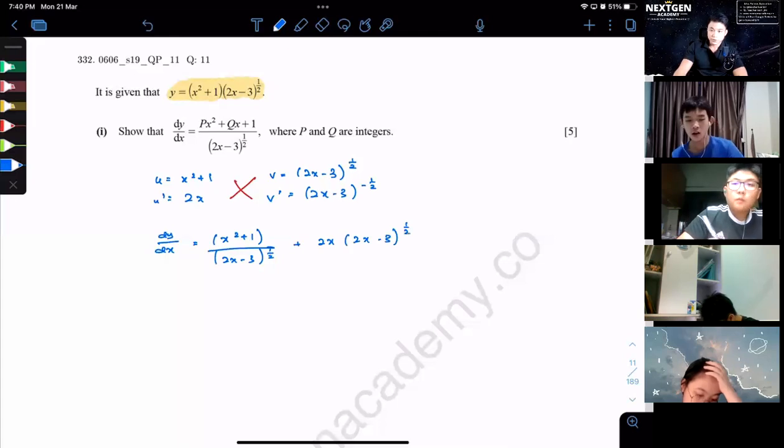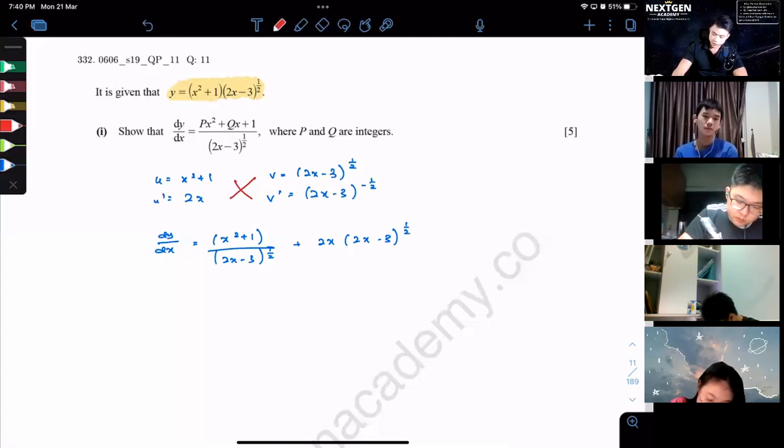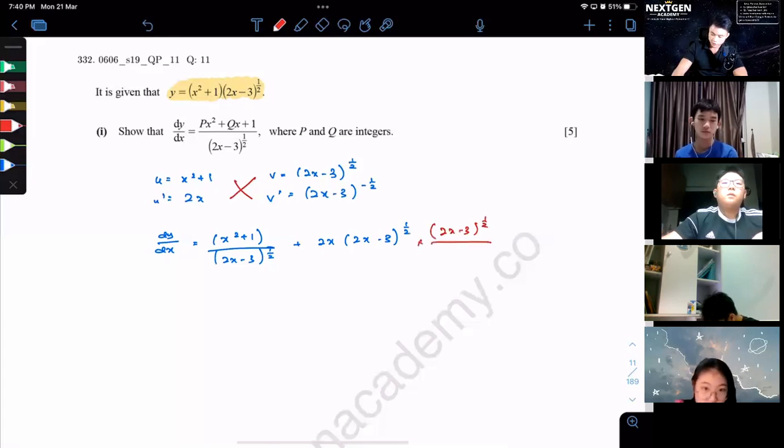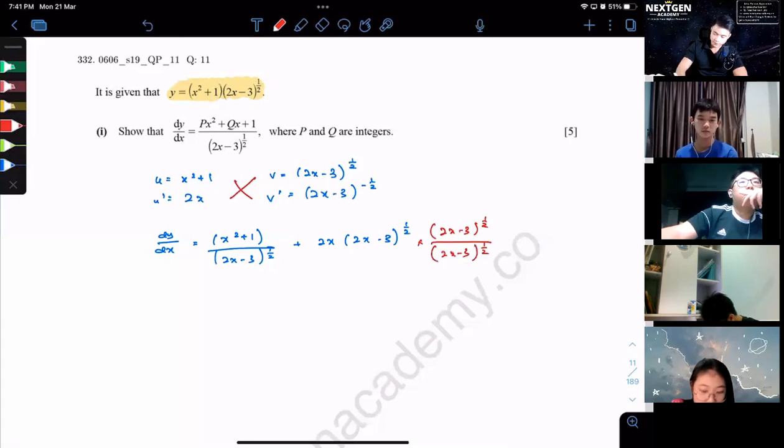So use back to basics. I want to add a fraction to another term that's not a fraction and make it one fraction, so I have to change the denominator to be the same. For the other one, I need to multiply by 2x minus 3 to the power of half over 2x minus 3 to the power of half, to make it the same.